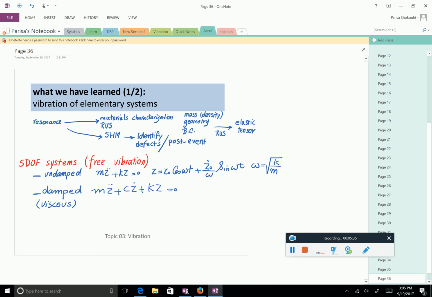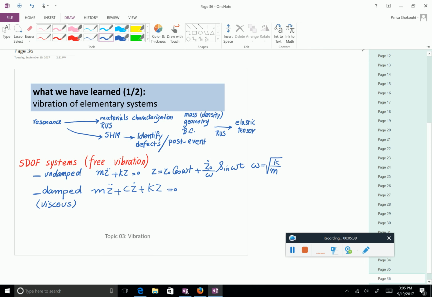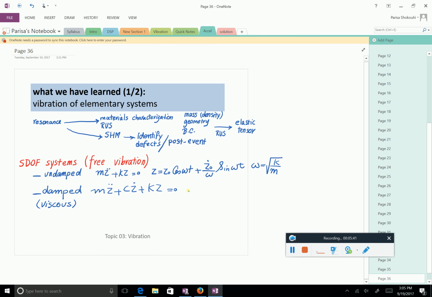We saw that the situation is not as simple anymore, so we need to consider whether the system is critically damped. We defined the critical damping using a parameter called the damping ratio, ζ = C over C sub cr, that's for critical.